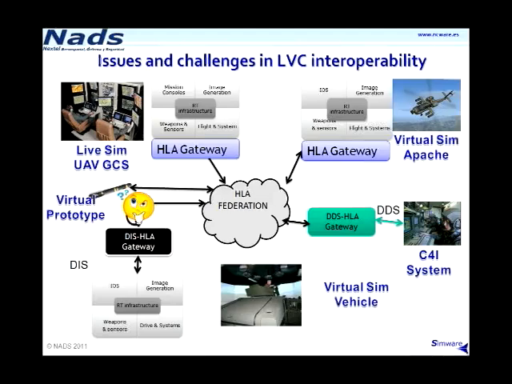Gateway solutions are requested because there are a lot of different architectures, data models, and protocols. You will need a convergence of simulation architectures, and between these and the architectures in use in real critical systems, in order to minimize the use of gateways.